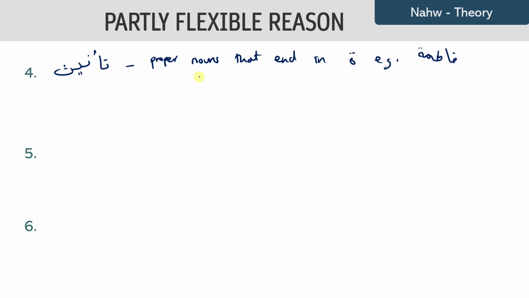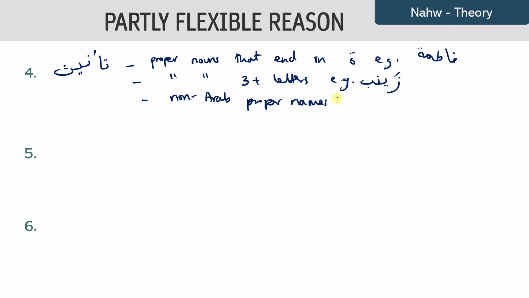Or you also have proper nouns that are more than 3 letters and they're feminine. So for example, Zainab. Or they are non-Arab proper names, and the middle letter is sakin.